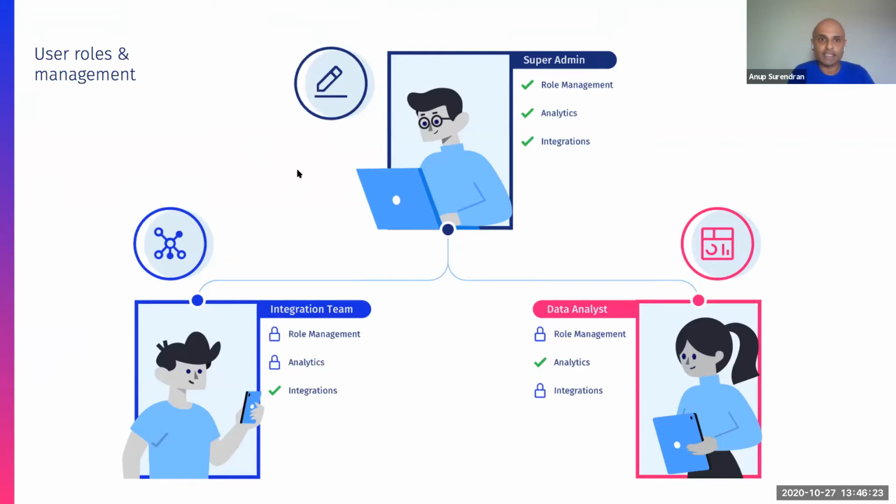But an administrator has access to everything. An integration team will have access just to the data flow within the platform back to their business warehouse and databases. So they just need access to the integration side of the platform. And likewise, you have a data analyst who has access to the analytics side of the platform. So what does it do? It really gives you the permission to have access to different areas of the system.